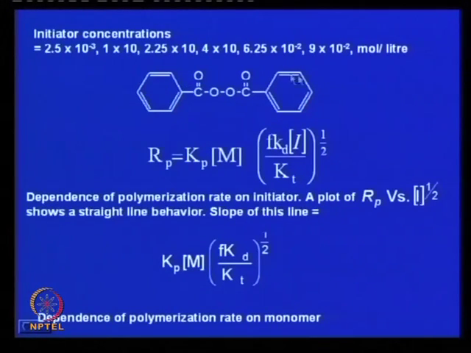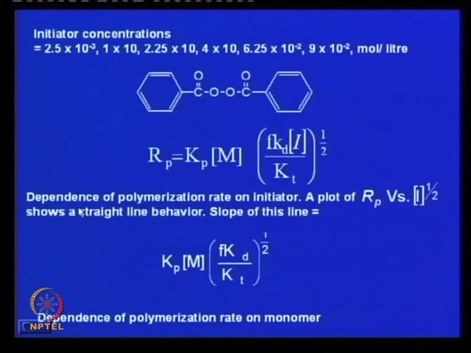This initiator is benzoyl peroxide, it breaks over here, and ultimately carbon dioxide is released and a phenyl radical is produced. So, both this radical as well as this phenyl radical initiate the polymerization, and this is the overall rate of polymerization.